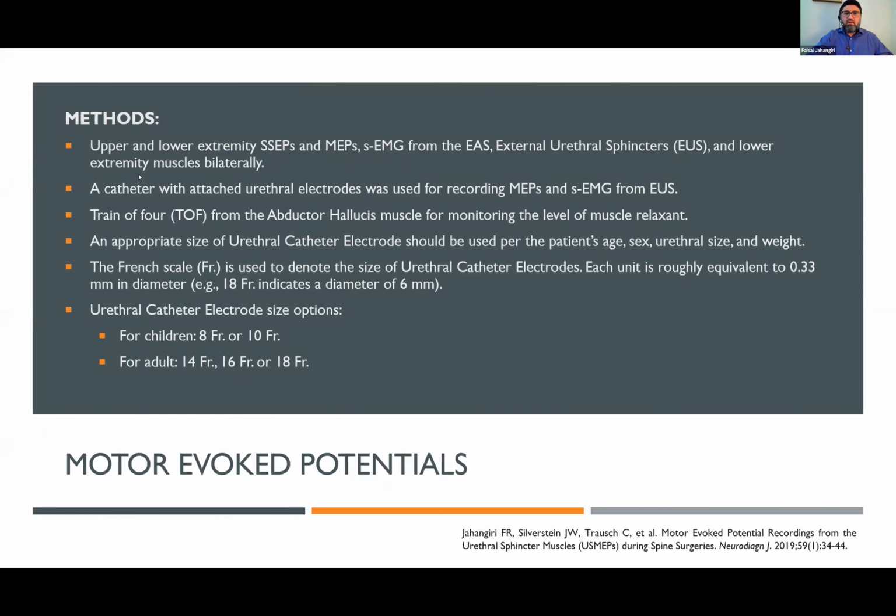For these surgical procedures, we had upper and lower SSEP, upper and lower MEP, and spontaneous EMG from the external anal sphincter, external urethral sphincter, and lower extremity muscles bilaterally. A catheter was used which has an attached urethral electrode on a Foley catheter for recording MEP from the external urethral sphincter.